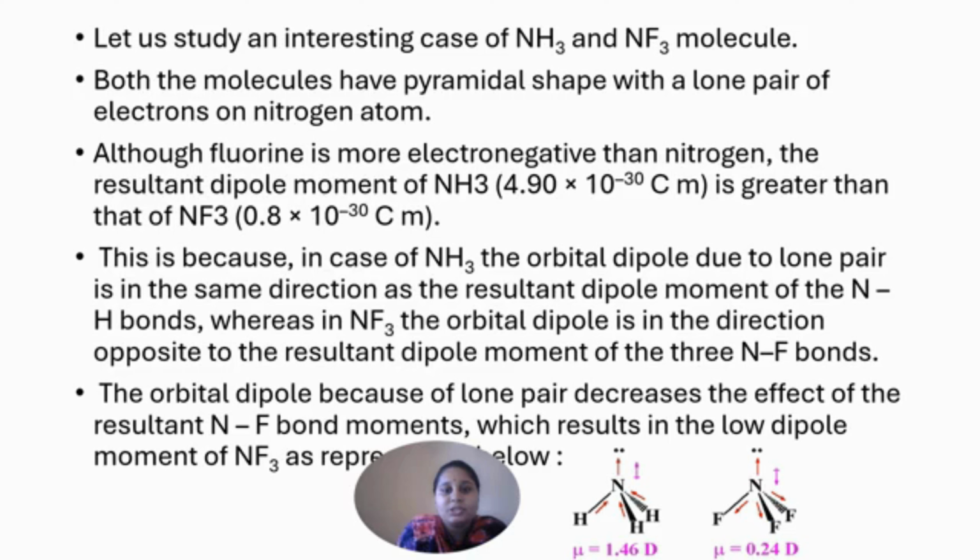Now Fajans' rule. Fajans gave an explanation about covalent and ionic bonds. The smaller the size of the cation and the larger the size of the anion, the more the covalent character. If the charge on the cation is more, the covalent character of the ionic bond is also more.